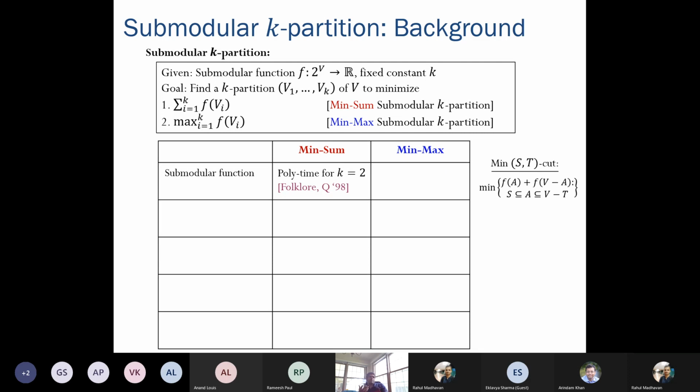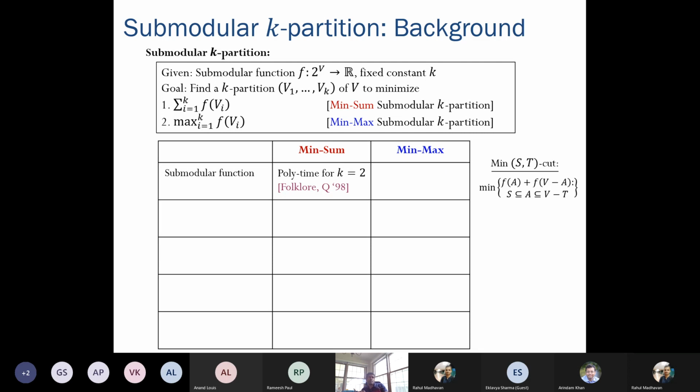What is this problem? You're given subsets S and T of the ground set. You would like to find a subset A that contains S and is disjoint from T so as to minimize the sum of the function values on A and the complement of A. If you can solve min-st cut for submodular functions, then you can also solve global min-cut, that is min-sum submodular 2 partition.